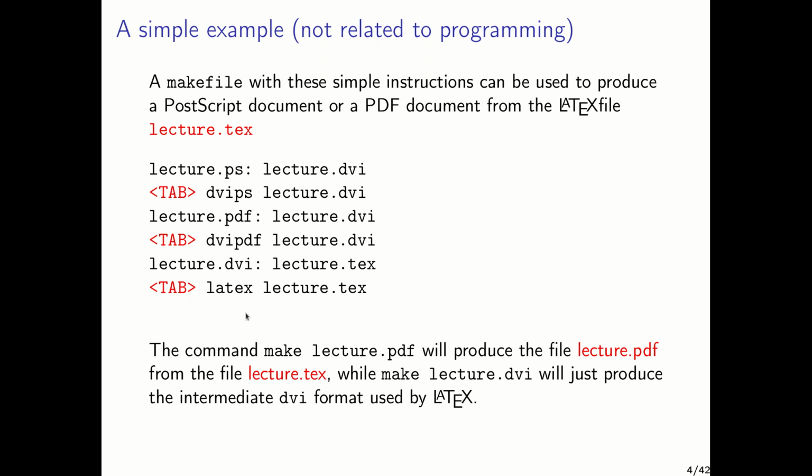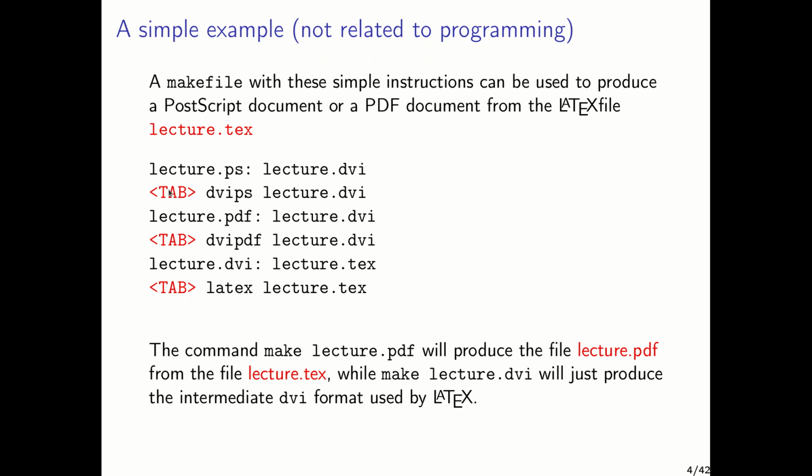So you see, this is the most essential and simplest structure of make commands. You have the target, lecture.ps, the prerequisite, lecture.dvi, and the rule, that is the way to produce the file lecture.ps from the file lecture.dvi.